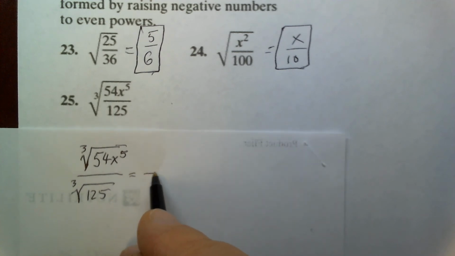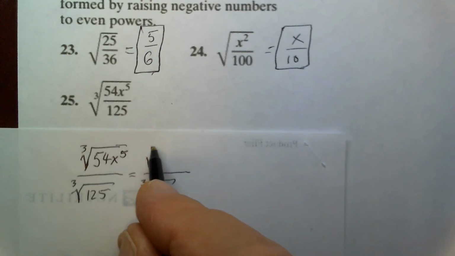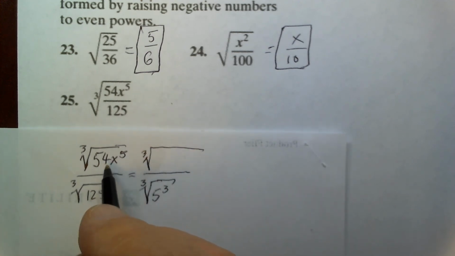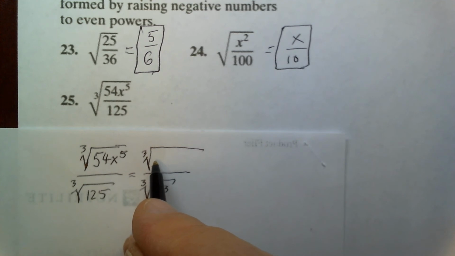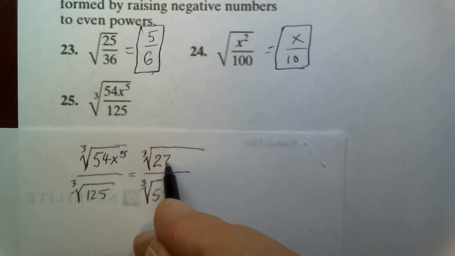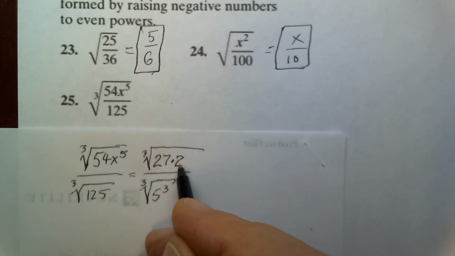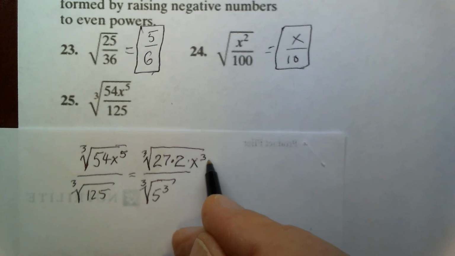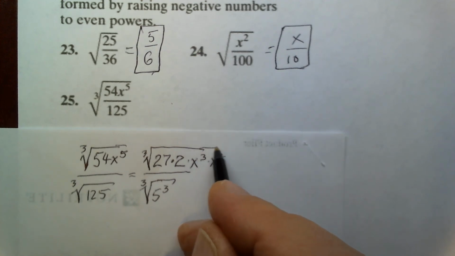Now we know the third root of 125 is the third root of 5 to the third. For the numerator, we need to be a little more creative. 54 can be factored as 27 times 2, and x to the fifth we can write as x to the third times x squared.